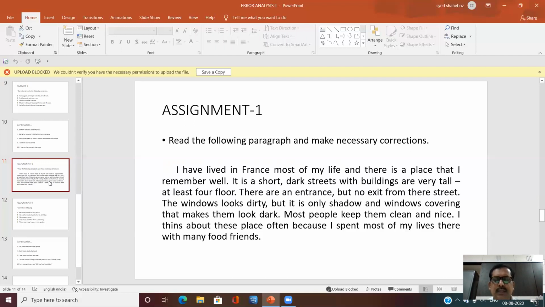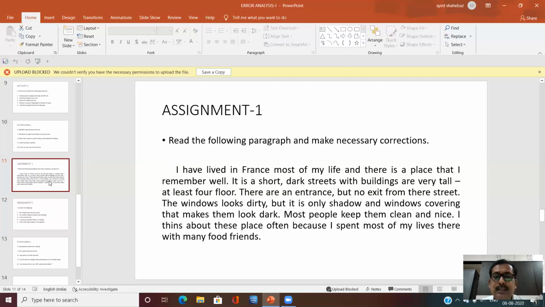So look at the passage. I read the correct passage. I have lived most of my life in France, and there is a place that I remember very well. It is a short, dark street with very tall buildings, at least 4 floors, not floors.